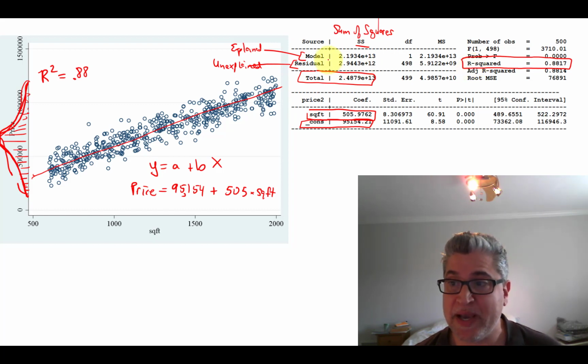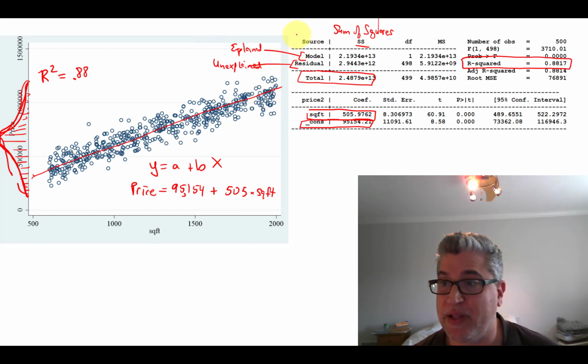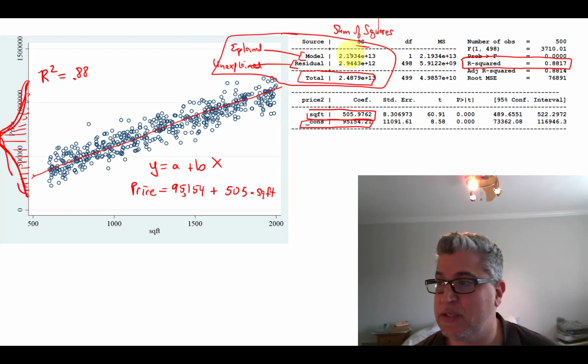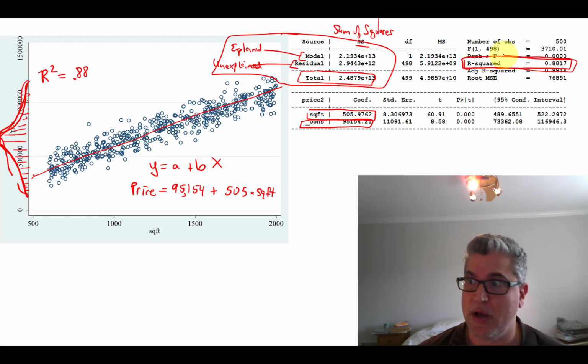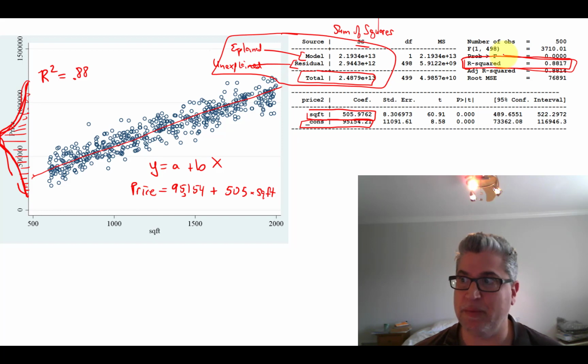Or you could do 1 minus residual divided by total and get that same exact number of 0.88. So hopefully that not only tells you what R squared is, but also casts a little bit of light on what a lot of these things in your regression output actually mean. So it's not just a bombardment of random digits and numbers, but now you're starting to see how all these pieces relate to each other.